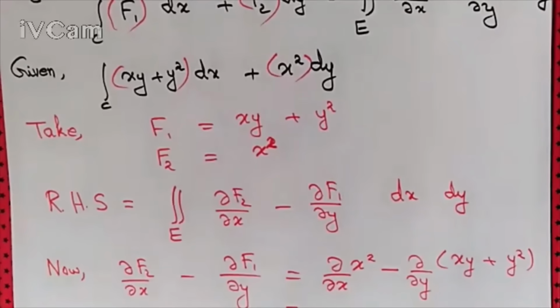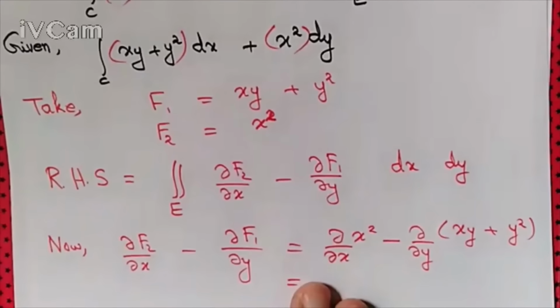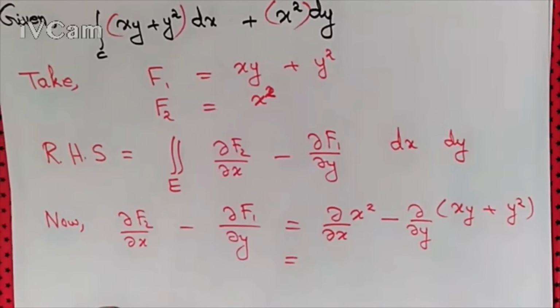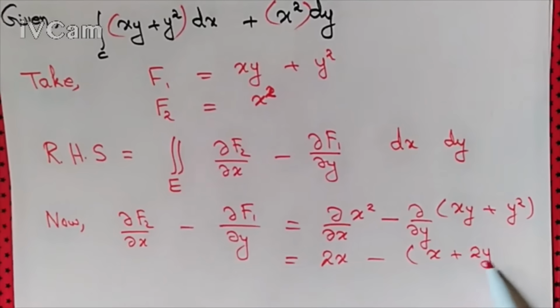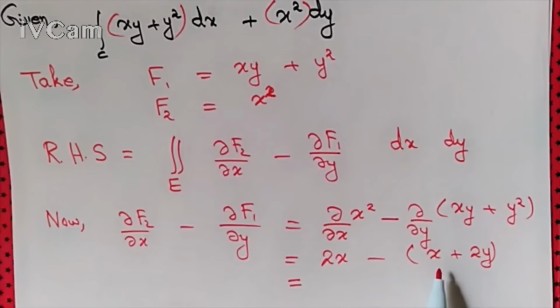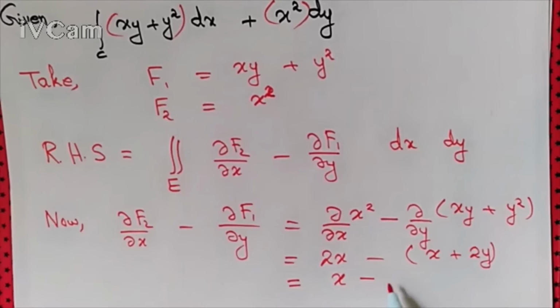If you differentiate x square with respect to x, you get 2x. If you differentiate xy plus y square with respect to y, you get x plus 2y. 2x minus x is x, and you have minus 2y here.